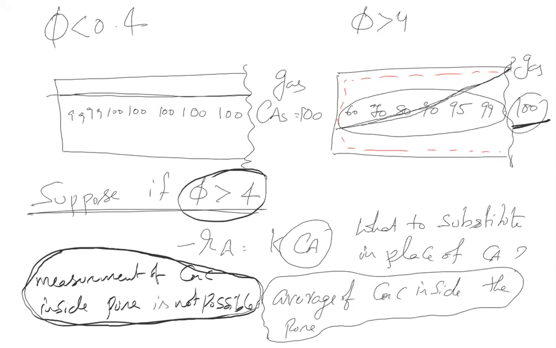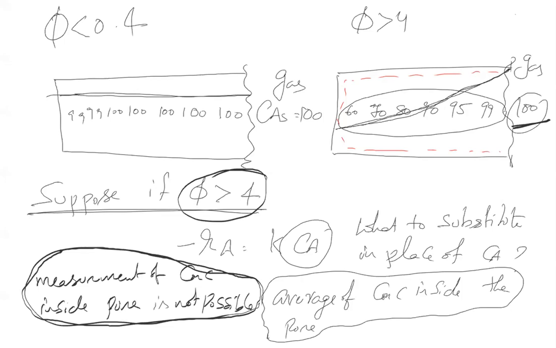Now how do you solve this problem? Imagine a packed bed reactor in the plant. If you put a probe inside, does it detect the gas phase concentration, or can you put a probe inside the catalyst pores, which is extremely impossible, because these dimensions are in nanometers? Chromatography and all these techniques measure concentration, but you cannot put them inside the pore.